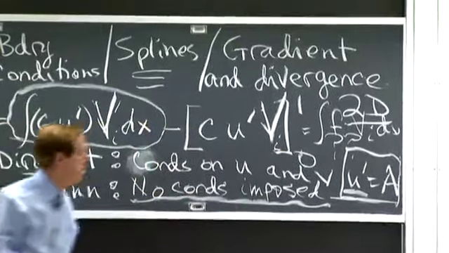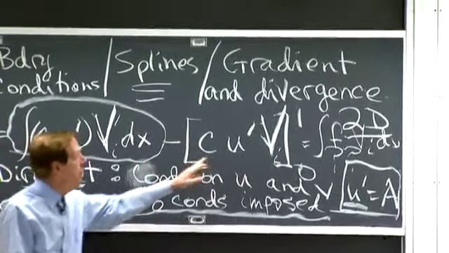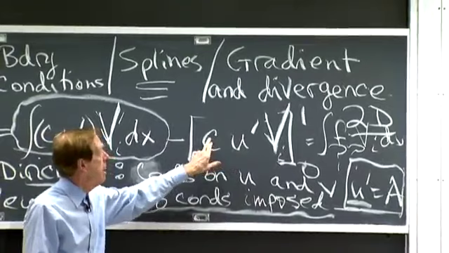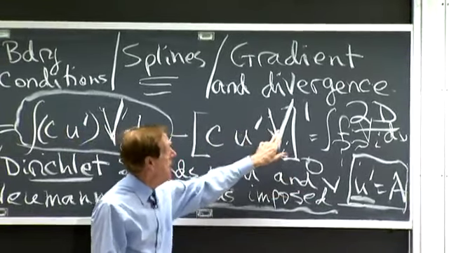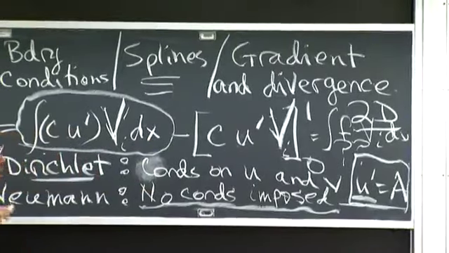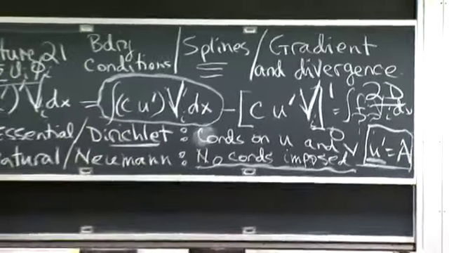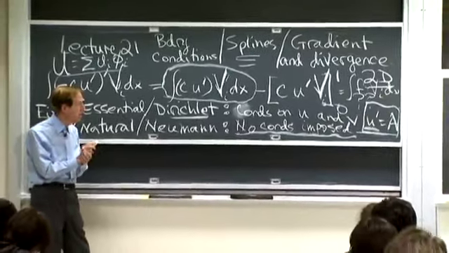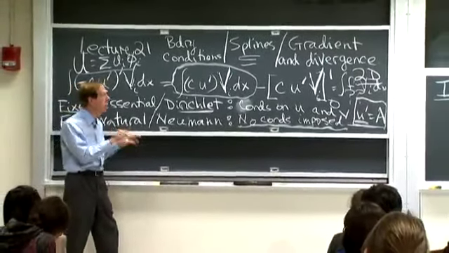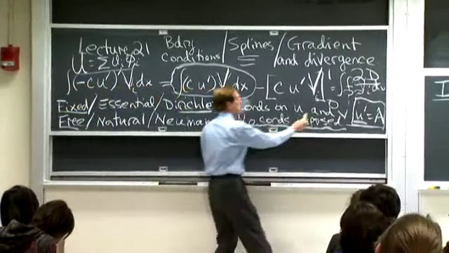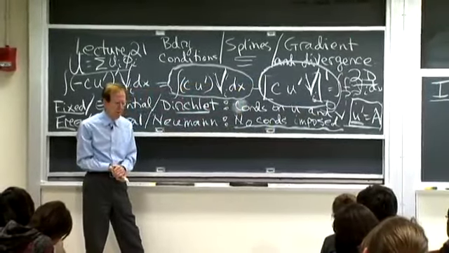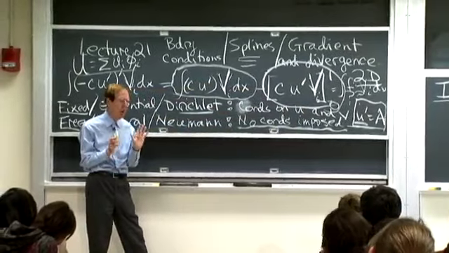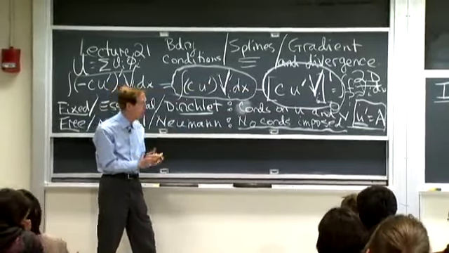I should remember the other side of the equation. If u prime is given, then c at that endpoint times the given value of a times the v, whatever value of v that is, will show up in equation i. That will be a term that goes on the right-hand side. That's all I'm saying and all you would expect.